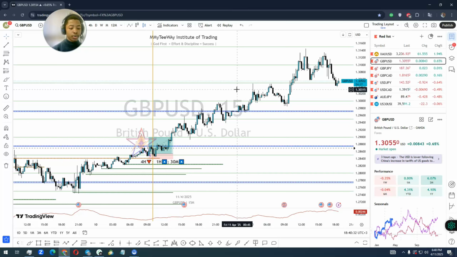Also, I'm showing you that this is the same account we have been trading since 1 April. In 8 trading days, like last week I traded Monday to Friday, which is 5 days, and this week I only traded 3 days, Wednesday and today I did not trade, which is 8 trading days, about 2 weeks in terms of forex weeks.